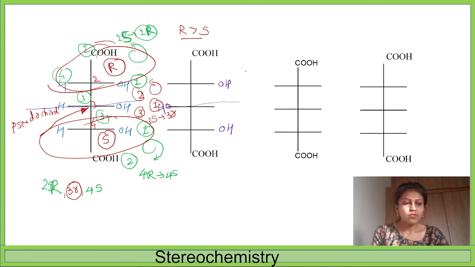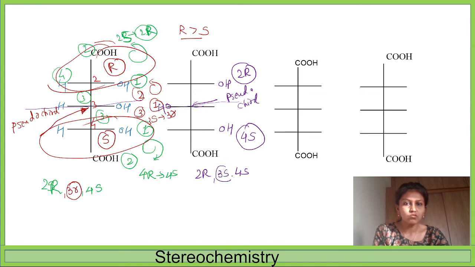So if I find the configuration, then this is 2R and this is 4S, right? And the 3 number carbon is also a pseudochiral carbon, right? So 2R, 4S. If I find the configuration at the 3 number carbon, then it is S configuration, so 3s, small s is used, right? Small s is used.